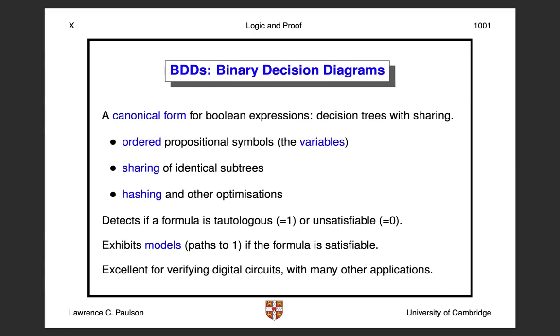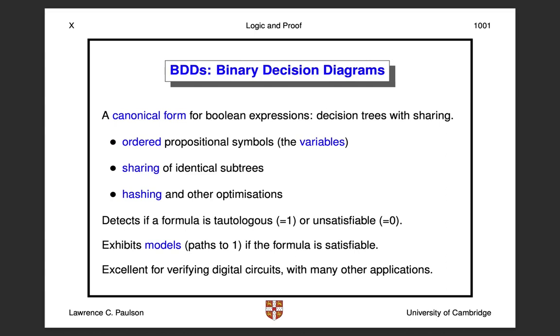So it is only these reduced ordered BDDs that are the interesting ones that we're going to be talking about in today's lecture, that give us a canonical form and a highly efficient means of working with propositional formulas. It turns out a BDD gives you a compact, exact representation of the truth table of the original formula. So in particular, you can instantly see if a formula is a tautology because its BDD will reduce to 1.